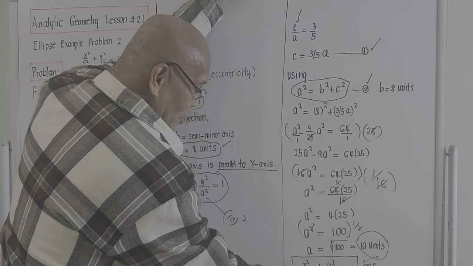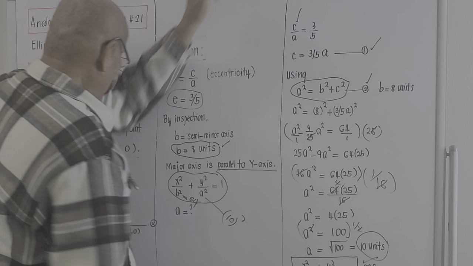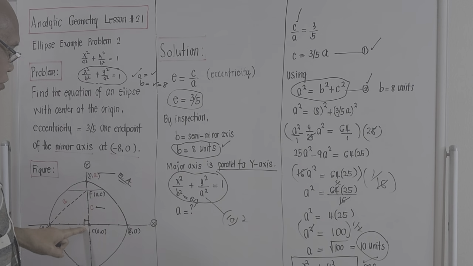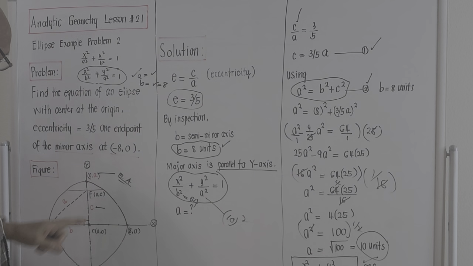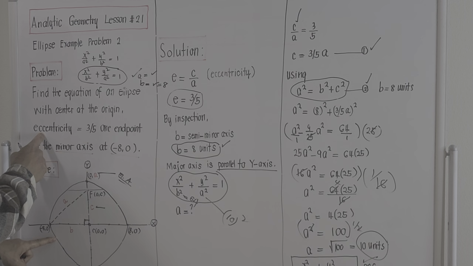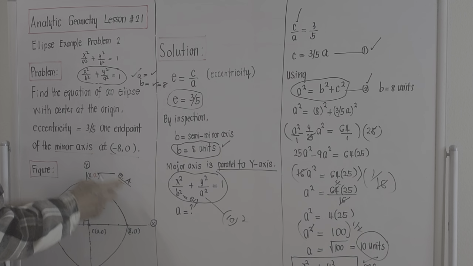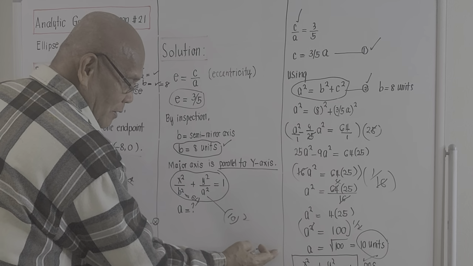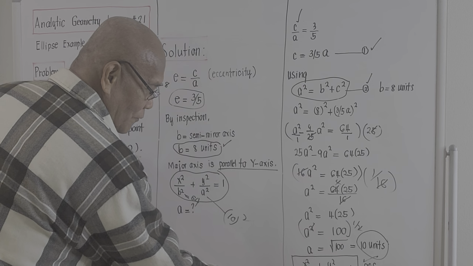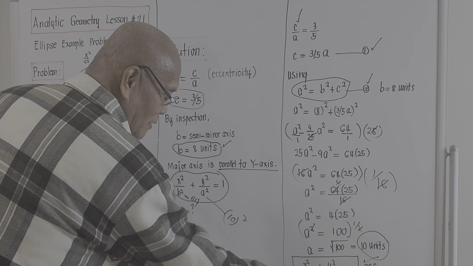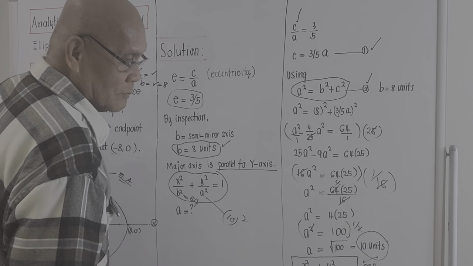This is the required equation of an ellipse with center at 0, 0, and which one endpoint is at -8, 0, and the value of the eccentricity is 3/5. This is the required equation: x square over 64 plus y square over 100, and this should be equal to 1.